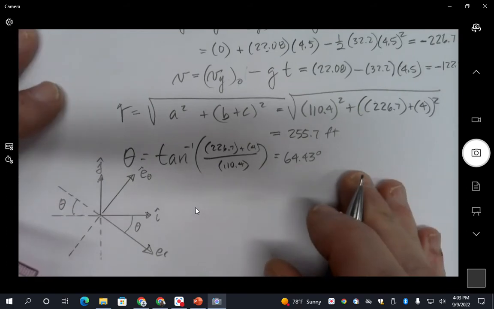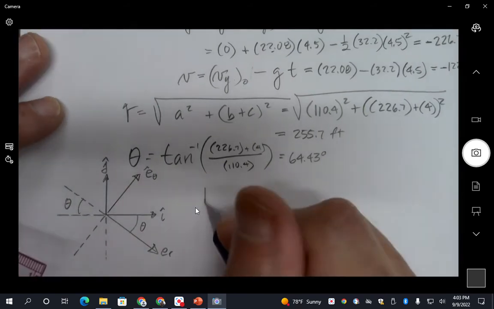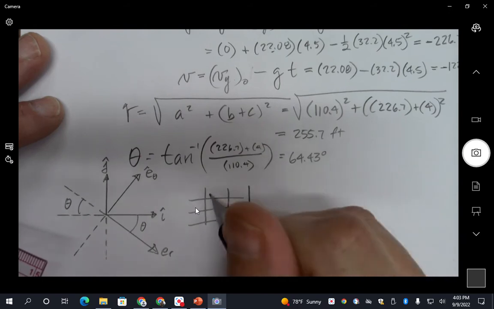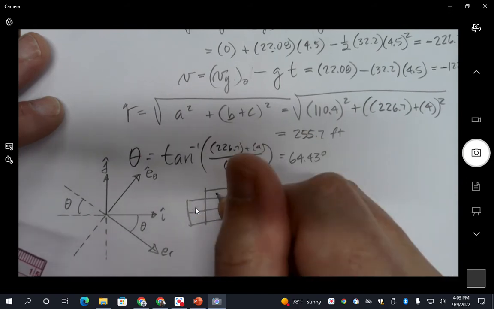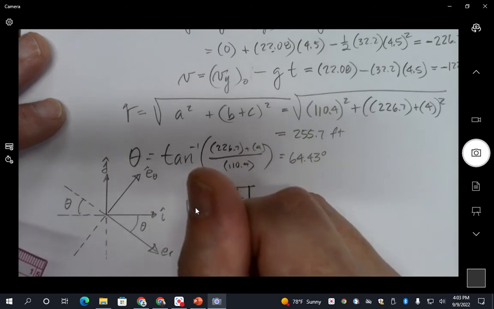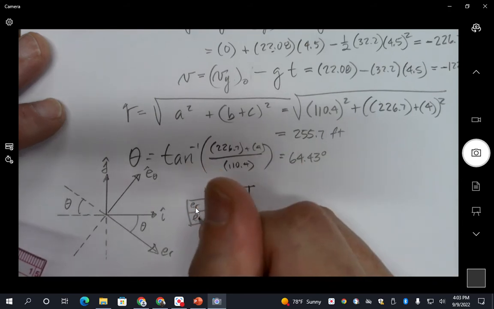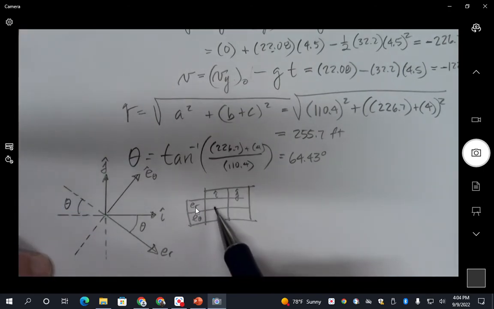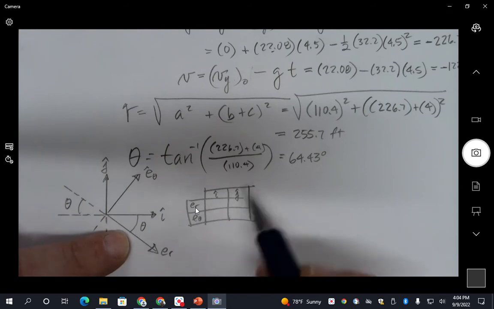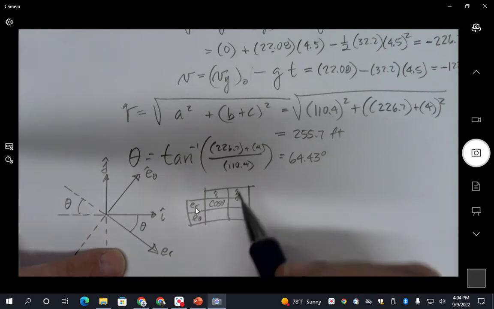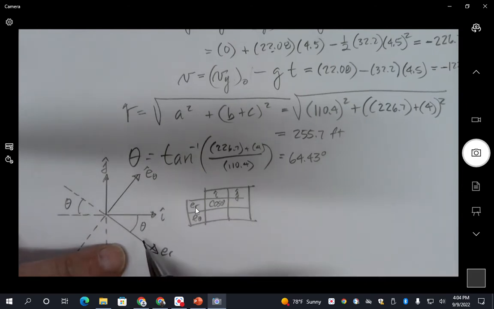So to make my coordinate transformation array, here's my I and my J. Here's my ER, here's my E theta. Looking at this for the R and the I, I see that I have a positive cosine, then negative sine.